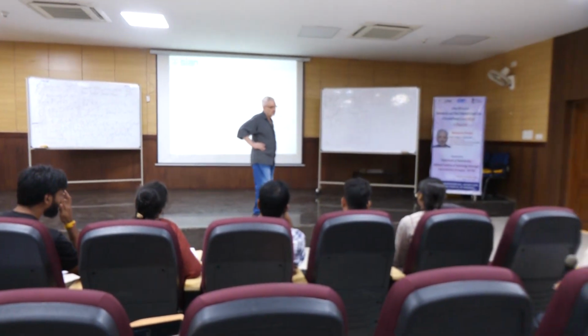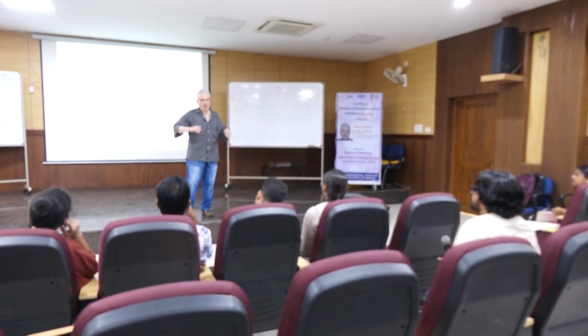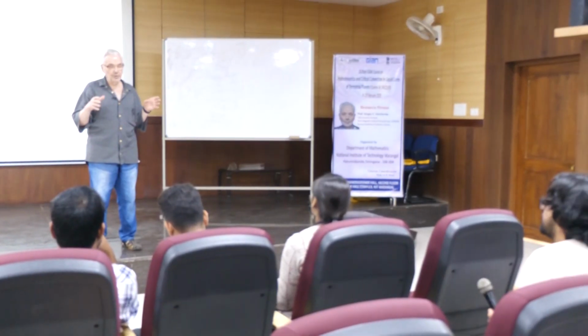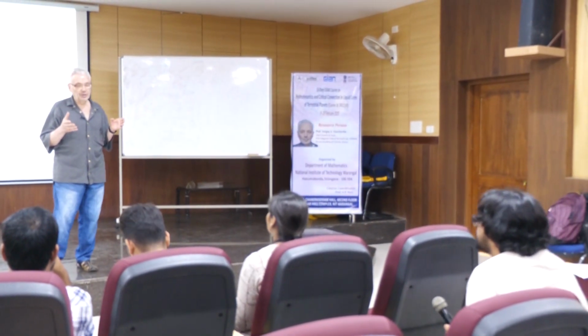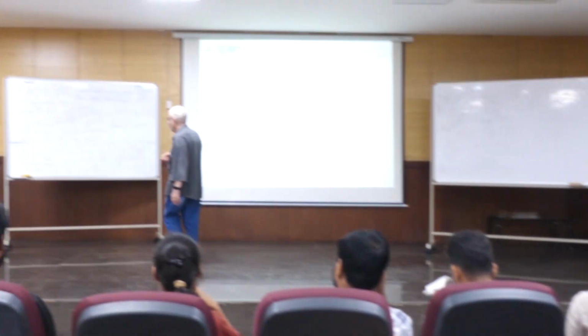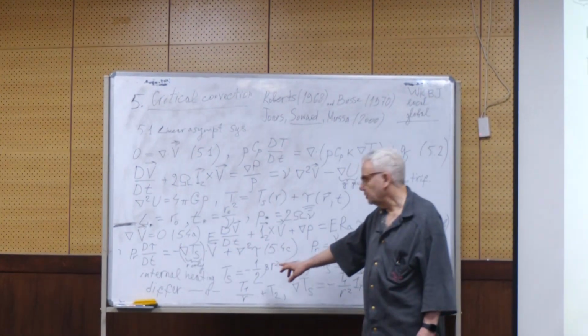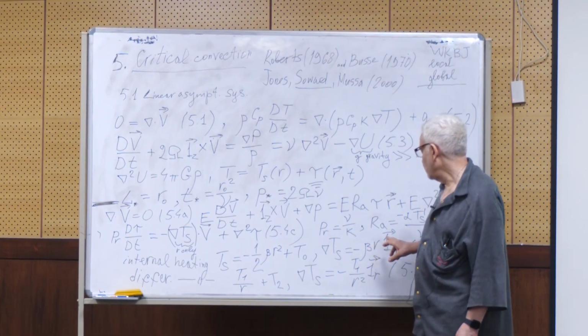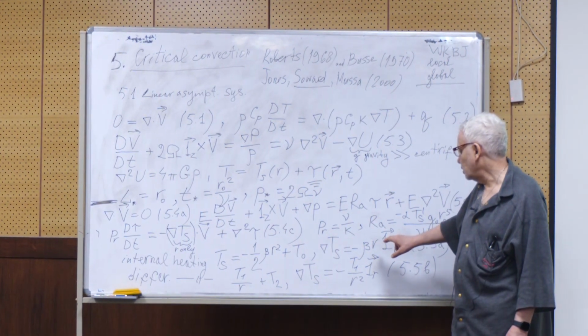And this profile, if we have internal heat sources uniformly distributed in the spherical shell, has this form. So its gradient is actually just proportional to R.